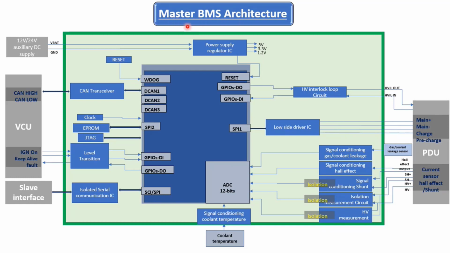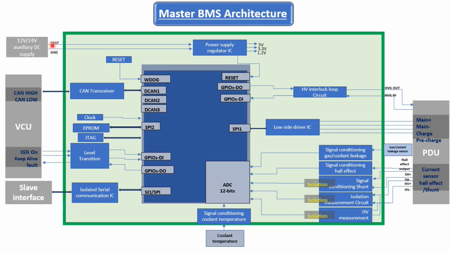Okay, fine. So this is the upper level control, called the master BMS architecture. This master BMS architecture will be powered by the auxiliary battery. The main controller controlling the complete BMS is supplied from the auxiliary battery.